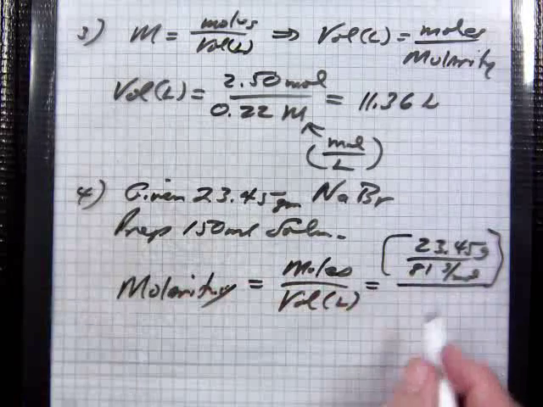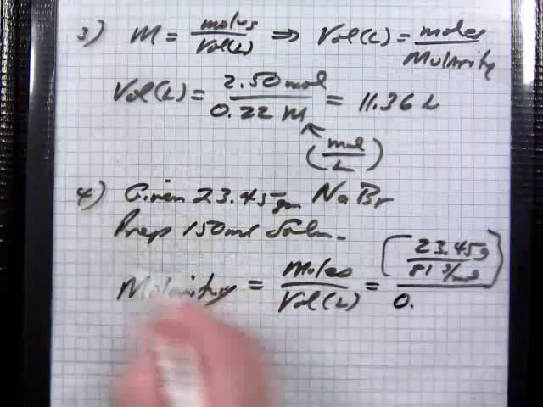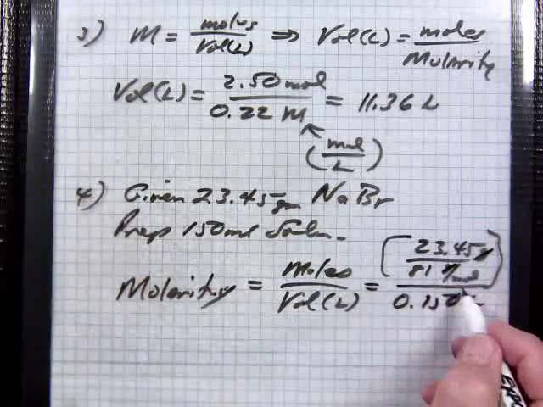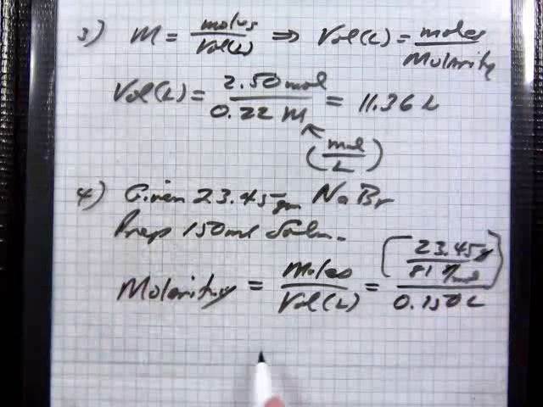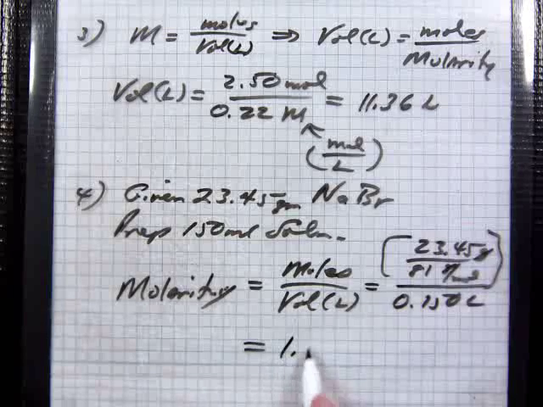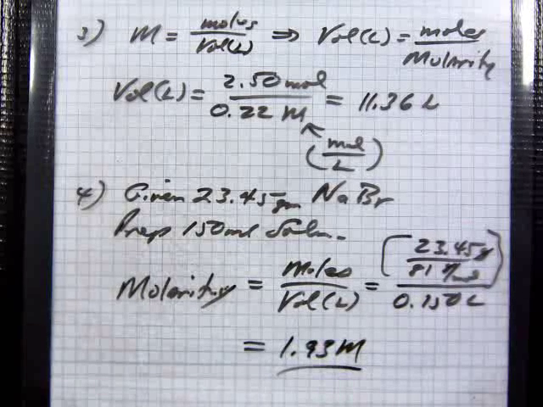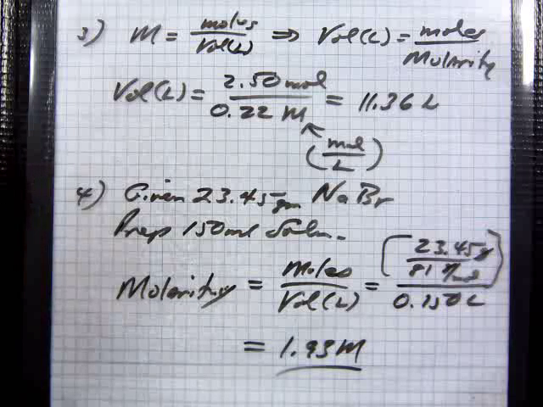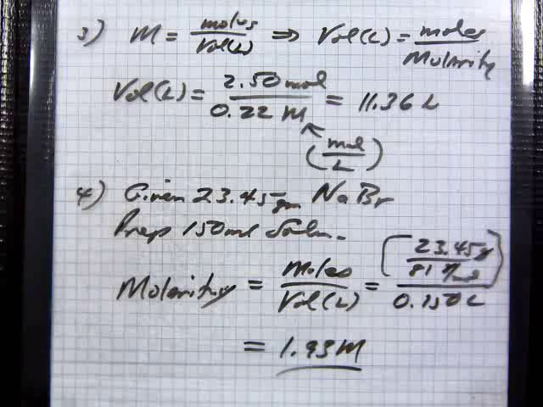The volume expressed in liters, you move the decimal 3 places to the left, 0.150 liters. Grams will drop out, and you're left with moles over liters, or molarity. And that's 1.93 molar. See how I do that? So you've got a mass going into a volume, but you need to make the conversions kind of intuitively as you go along, and you get to your concentration terms very quickly.